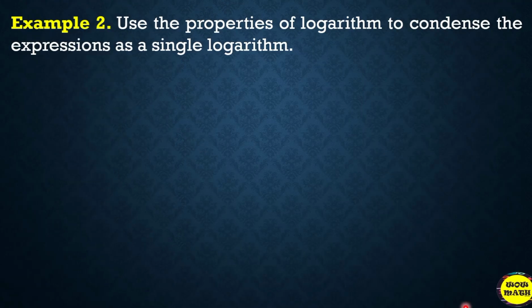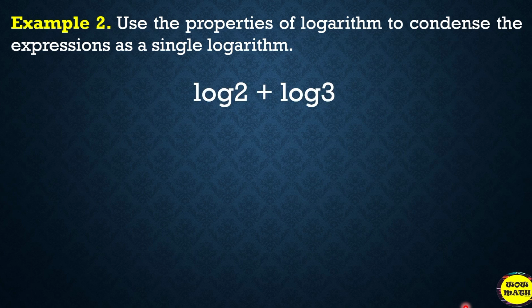Next. Use the properties of logarithm to condense the expression as a single logarithm. So, we are going to, what? You're going to write the sum or difference as a single logarithm. Okay? So, for example, logarithm of 2, log 2 plus log of 3. So, this is logarithm of a product.